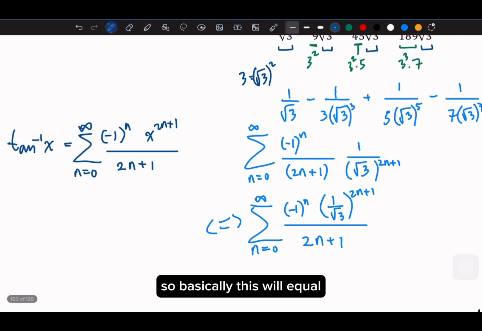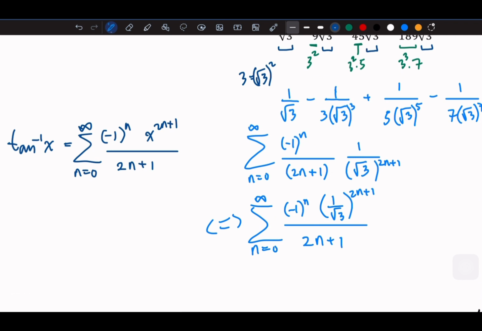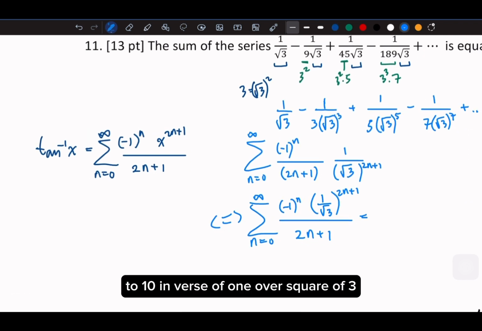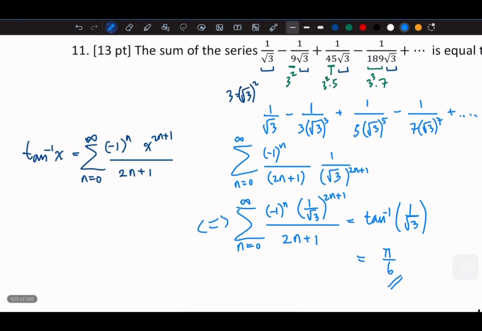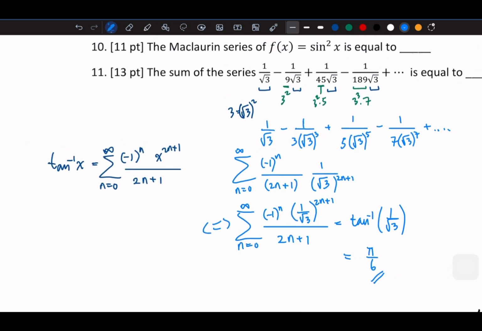So basically, this will equal to tangent inverse of 1 over square root of 3, which equal to pi over 6. Okay. Interesting.